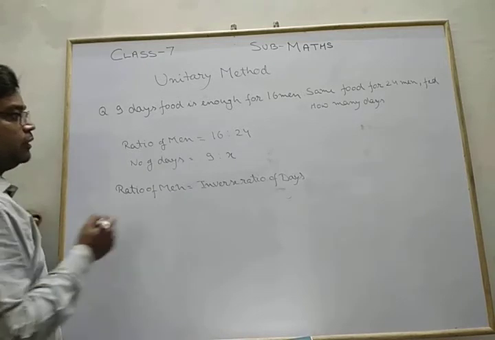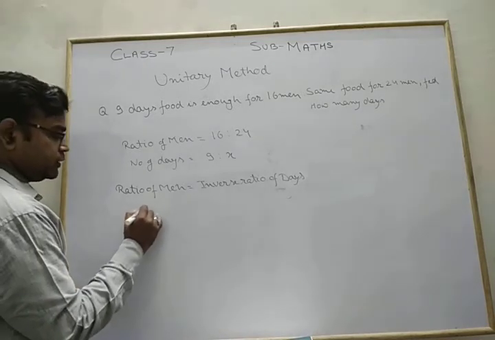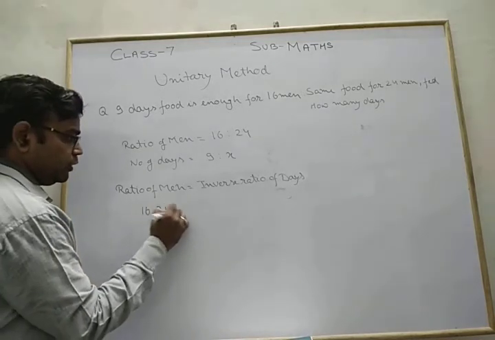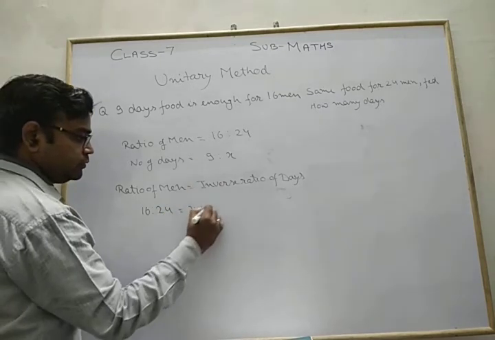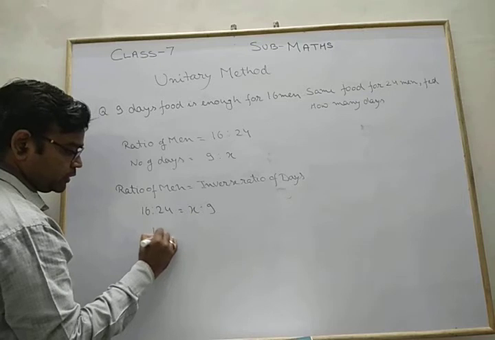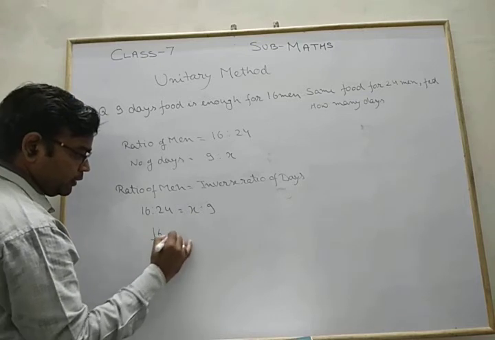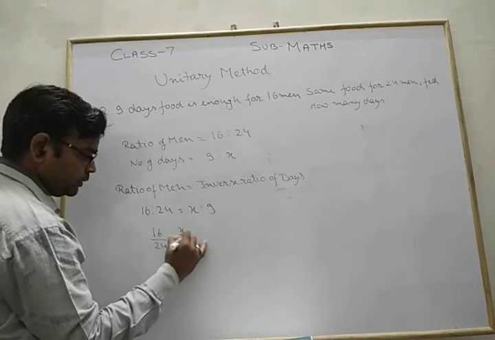So the ratio of men equals the inverse ratio of days. See this side. What is the ratio of men? 16 ratio 24. What is the inverse ratio? We just change the place. x ratio 9. Now solve it. 16 upon 24 equals x upon 9.